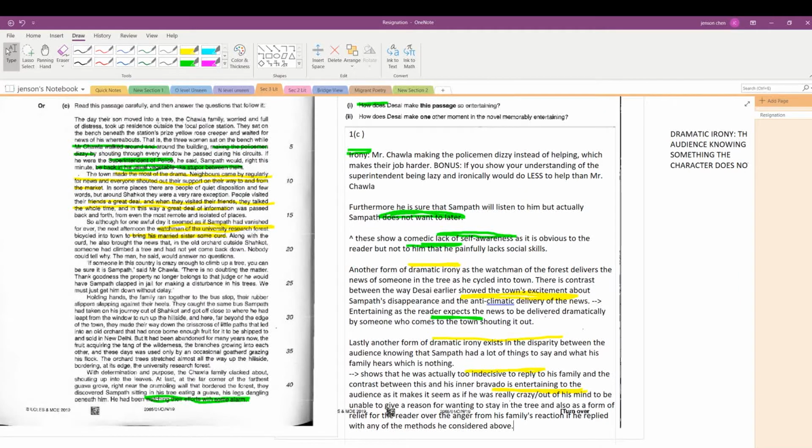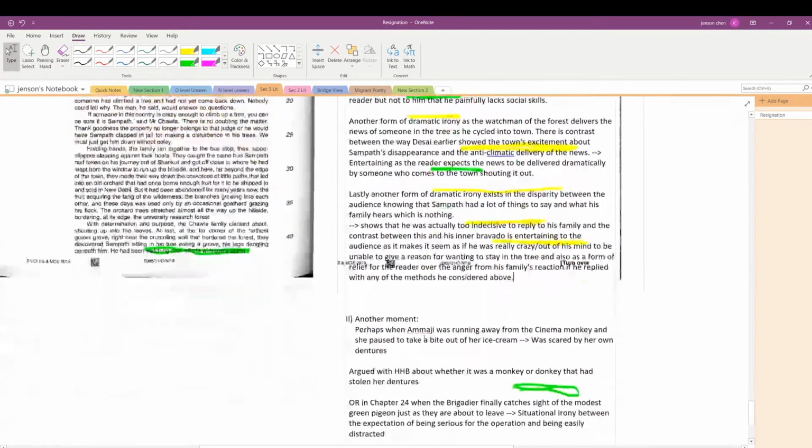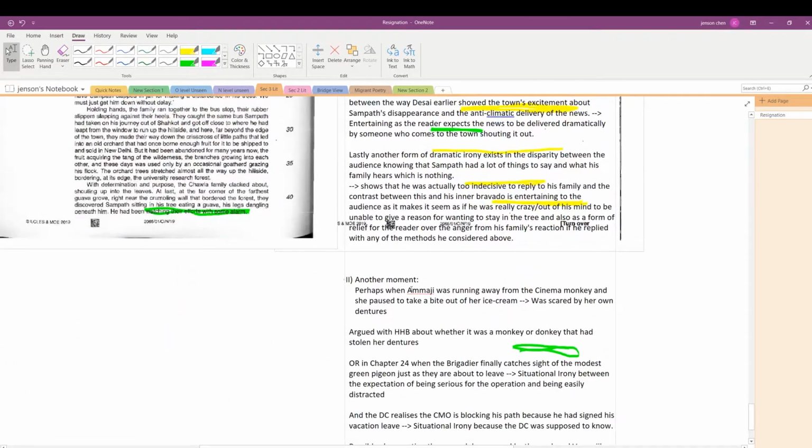So yeah, alright, so 3 things you can talk about here. Of course, you only need 2. Some other scenes you can consider is, I always like talking about this scene when Amaji was running away from the cinema monkey, and she was scared by her own dentures.